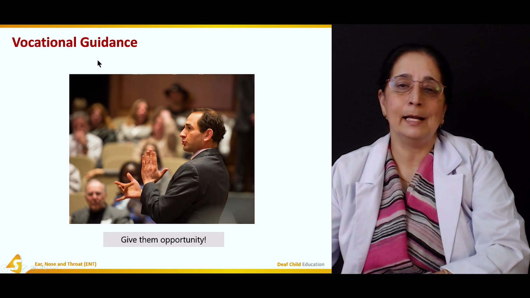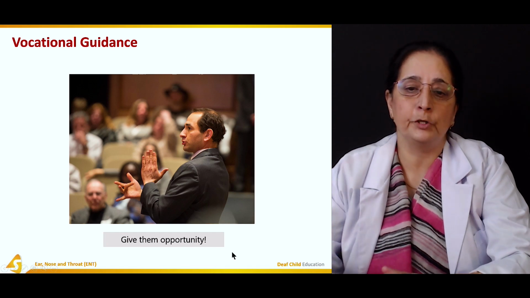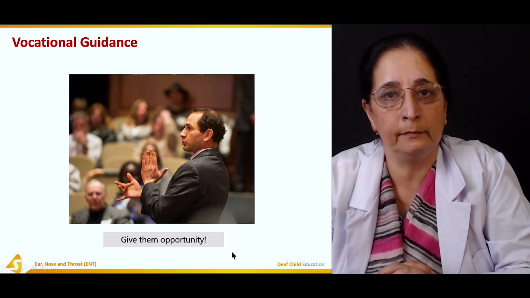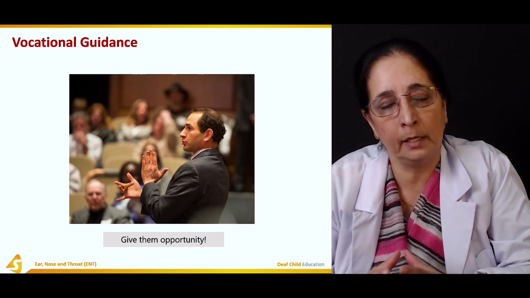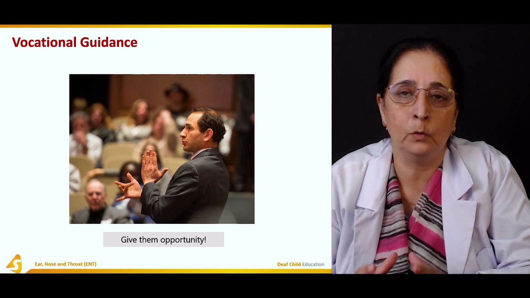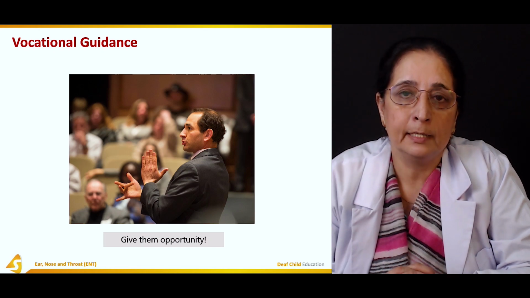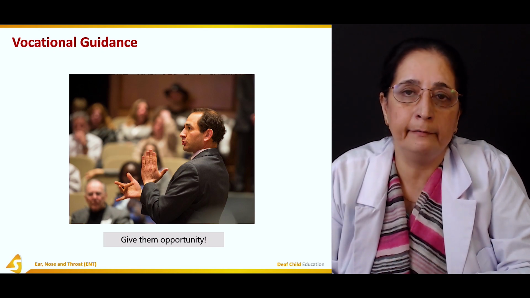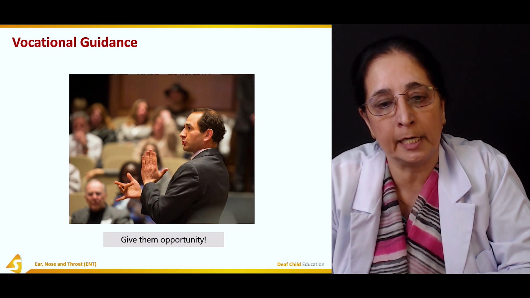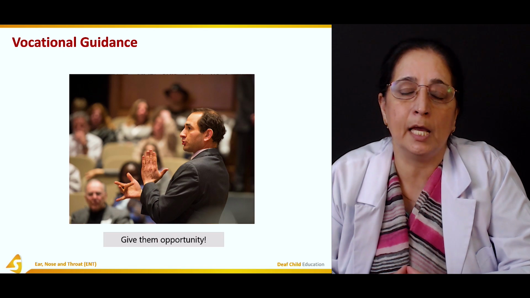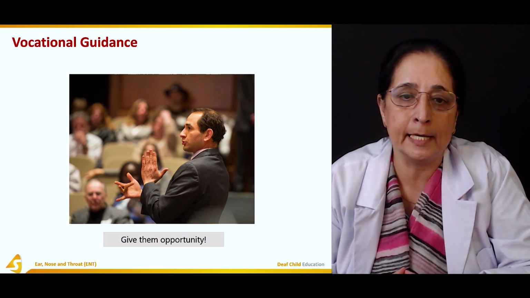Then vocational guidance: give them opportunity. Again, there are people who reach very high levels even with these problems. It's important that they should be given the opportunity to rise in society, and this is usually done by vocational guidance.